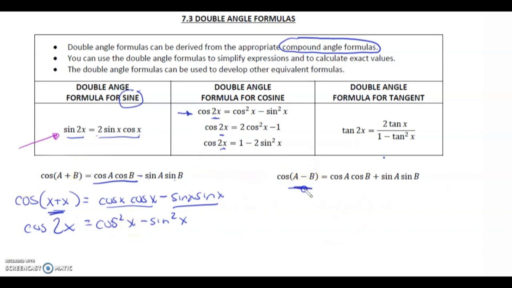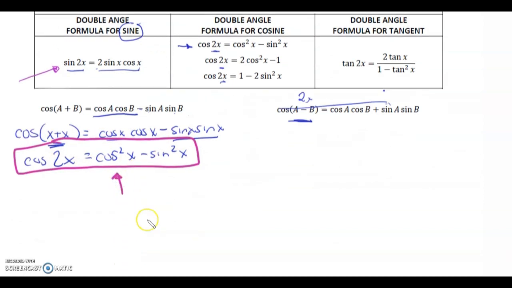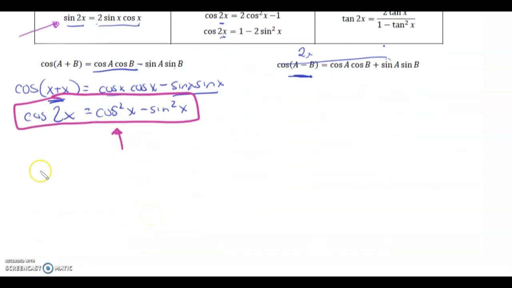The a minus b version doesn't work for the 2x, because we would have to have like a 3x minus x or something. So let's spin off of this. I'm going to sub in for cos squared x. I'll bring down the cos 2x. For cos squared x, I'm going to sub in the Pythagorean identity.